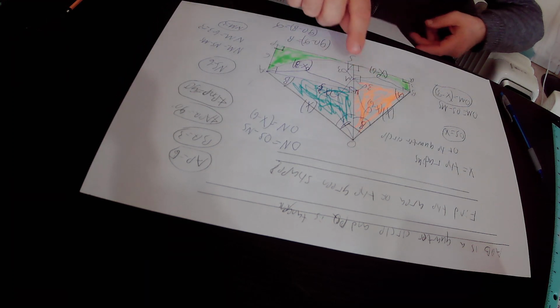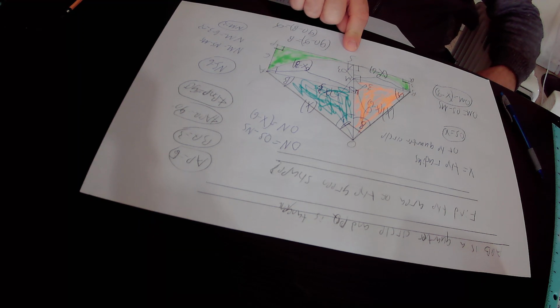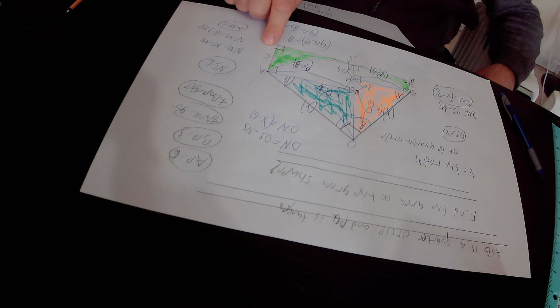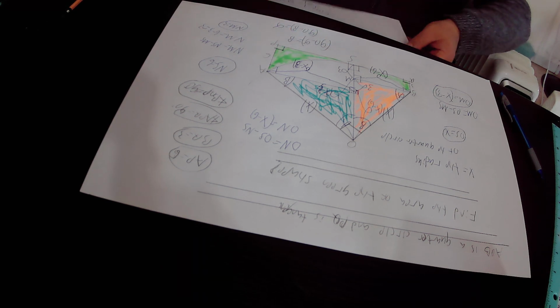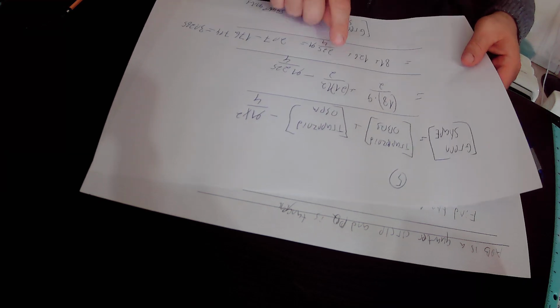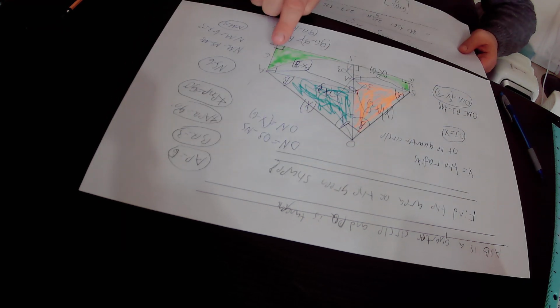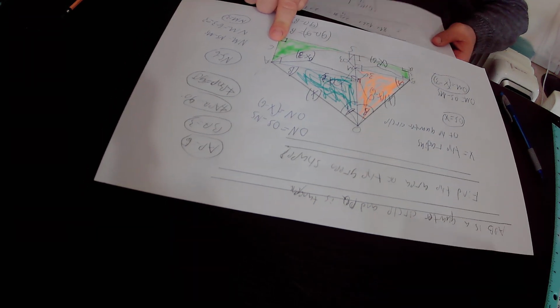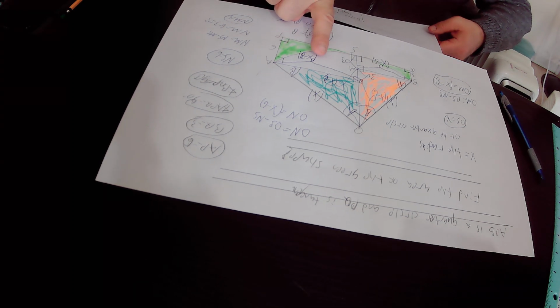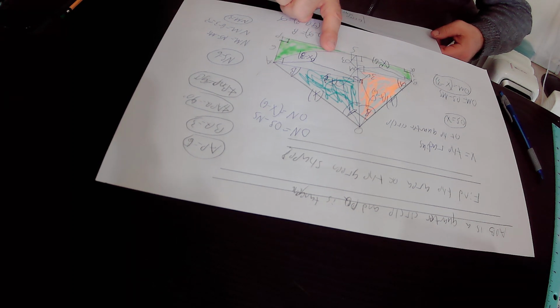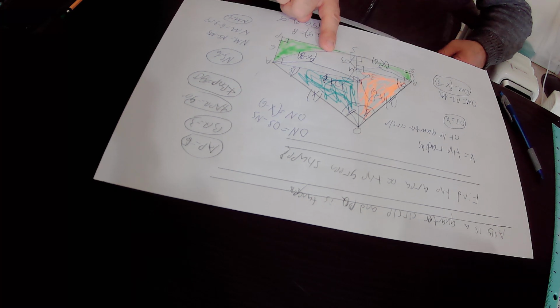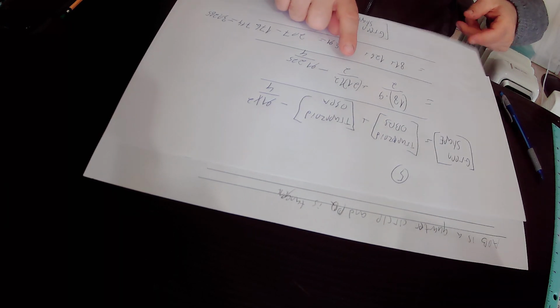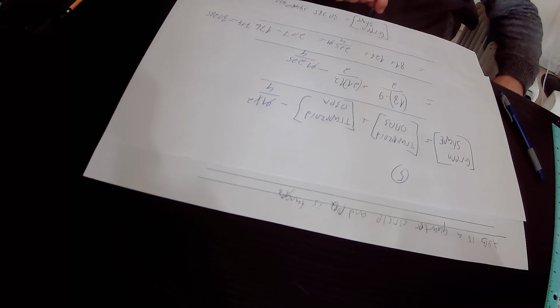Actually OS equals 15, it is the radius of the circle, that is x, 15, plus AP, that is 6, and 15 plus 6 is 21. So the sum of the bases is 21 times the height. The height is AN, and AN is x minus 3. x is 15, so x minus 3 is 12. So it is 21 times 12 over 2.